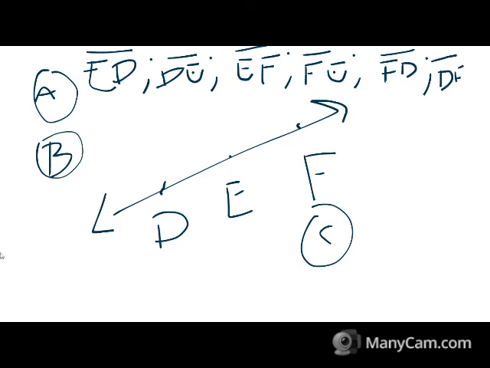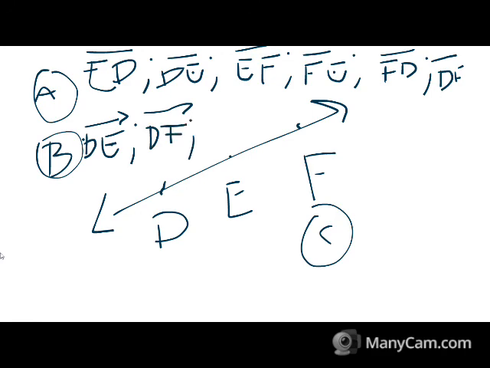So what are the names of the rays in the figure? Now remember, rays have an endpoint and an arrow. So we have DE, or DF.